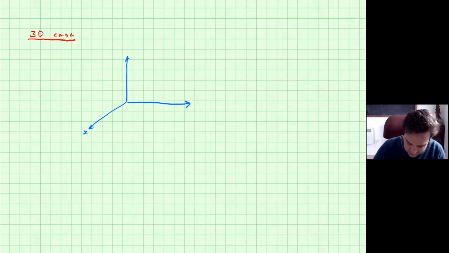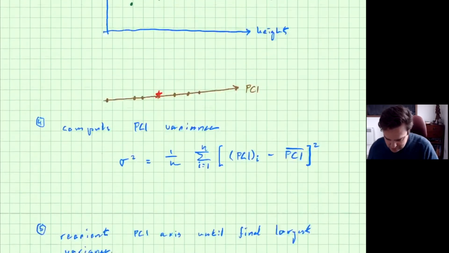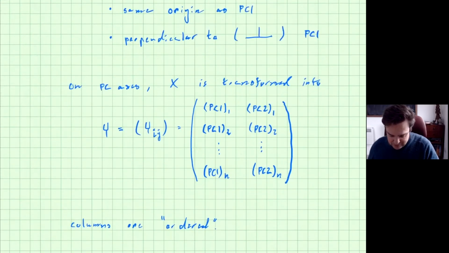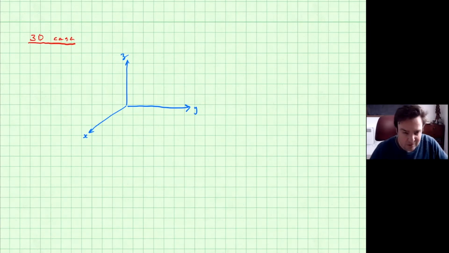This is the x-axis, this is the y-axis, and this is the z-axis. Let's say x is height, y is weight, and maybe z is age, something like that.